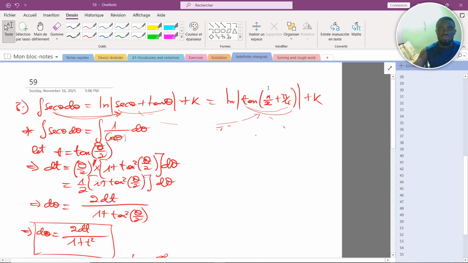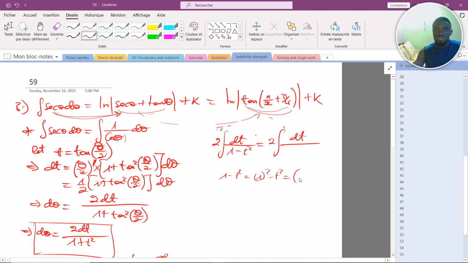So 2 into the integral of dt all over 1 minus t squared will be equal to 2 integral of dt all over what? 1 minus t squared is the same as 1 squared minus t squared, which is 1 minus t into 1 plus t. Is that okay?